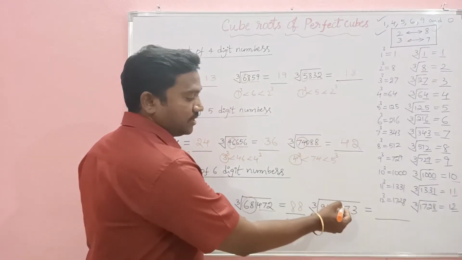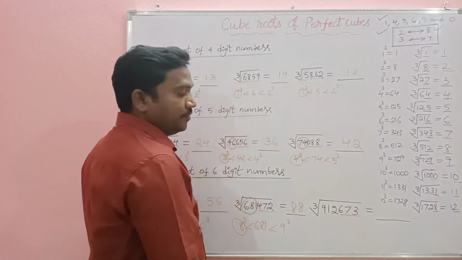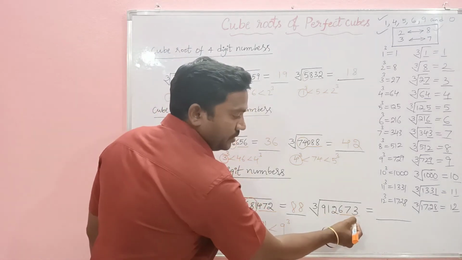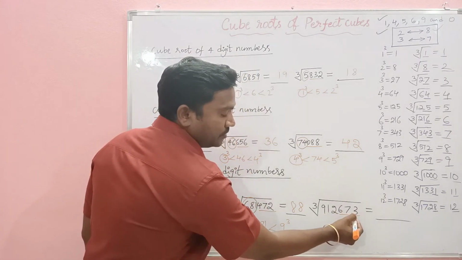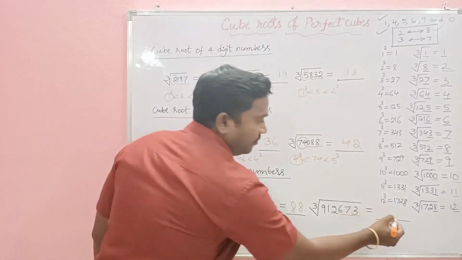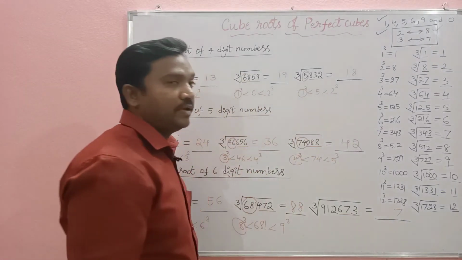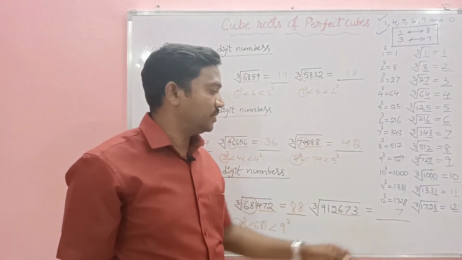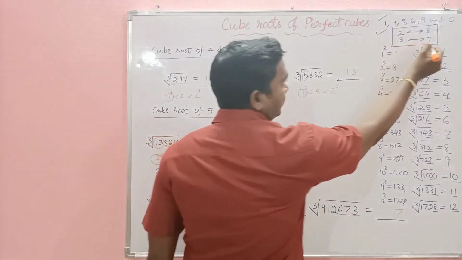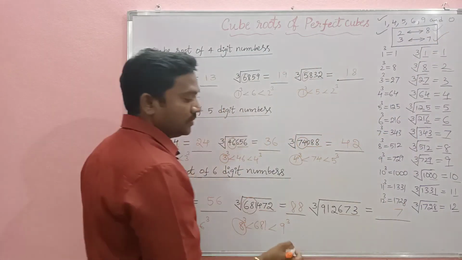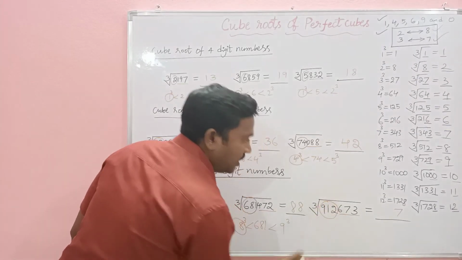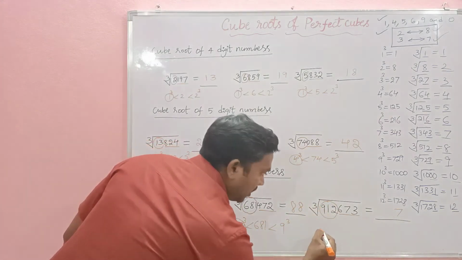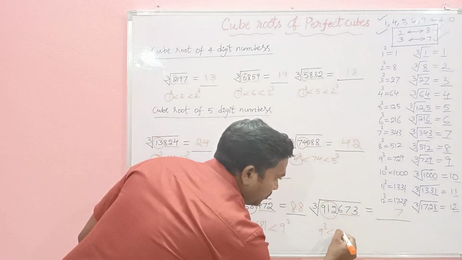Now see one more example. Here the units place is 3. So in its result we can get 7 in its units place, because we have already seen that. So now what about 912? 912 lies between 9 cube and 10 cube.